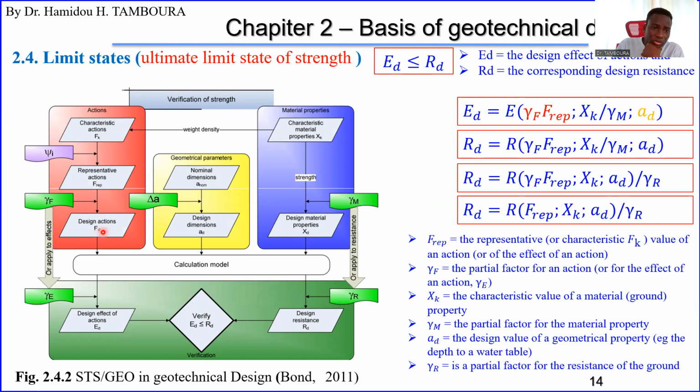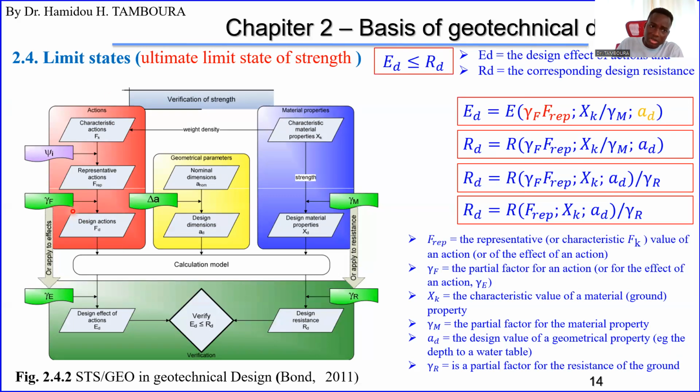Or instead of using these partial factors, you can directly use the effect of the action, so design effect of action, Ed. In that case, you multiply it by this gamma E, as we explained before. Gamma F is for the action, but gamma E is for the effect of the action. So you have two choices.